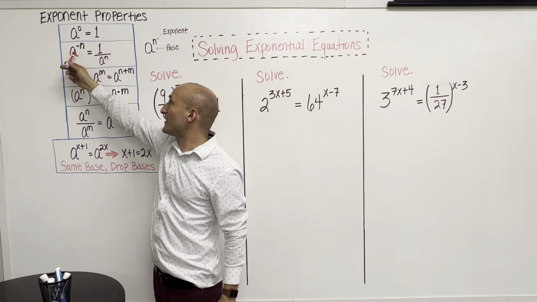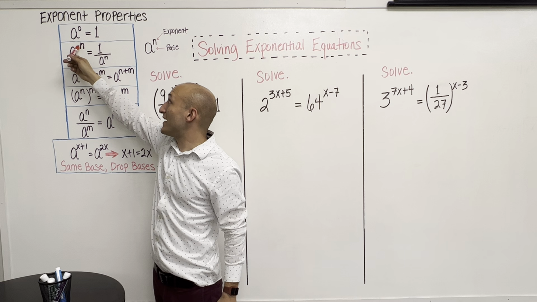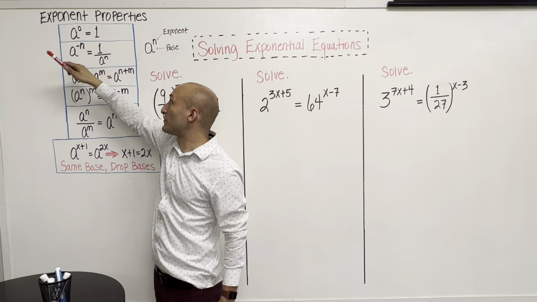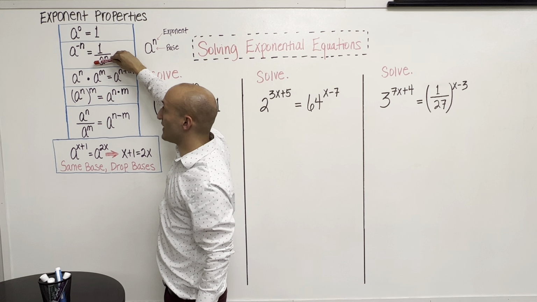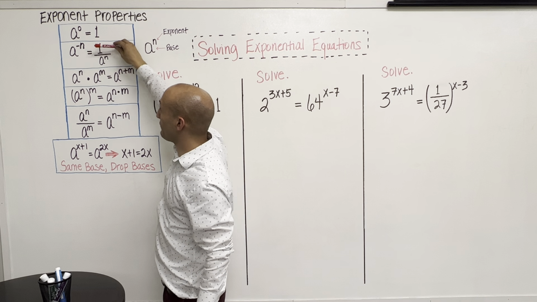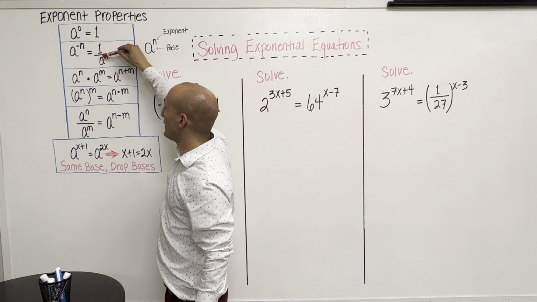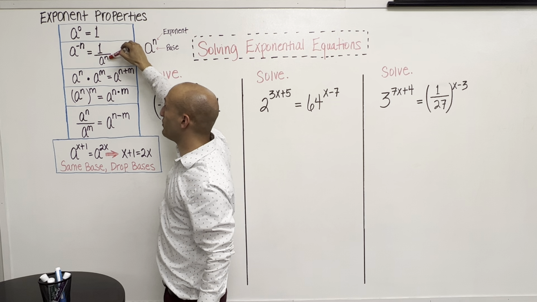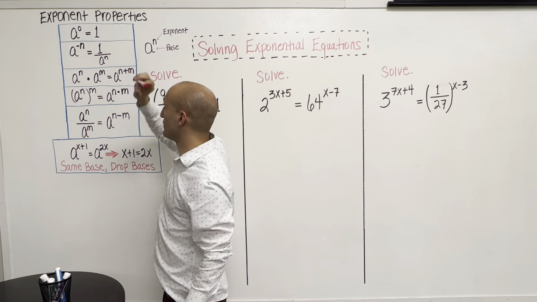If I have something raised to a negative exponent, we have to bring it down to the denominator if it's in the numerator. So I put 1 over a, and then now my exponent will be positive. That's how I'll make a negative exponent positive.